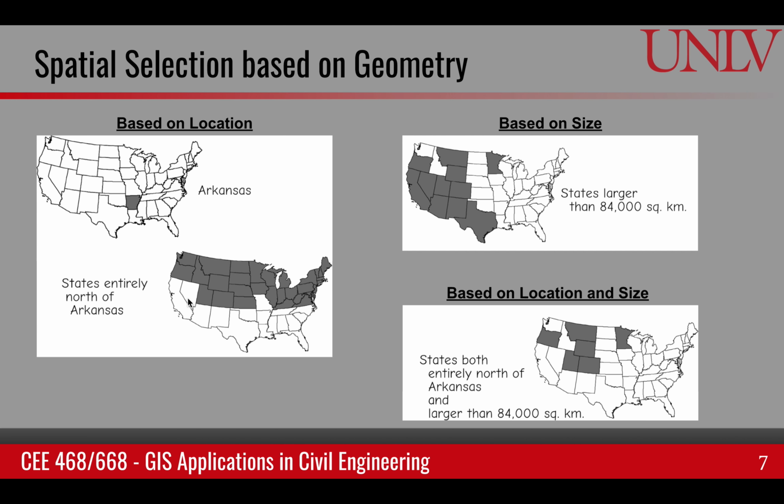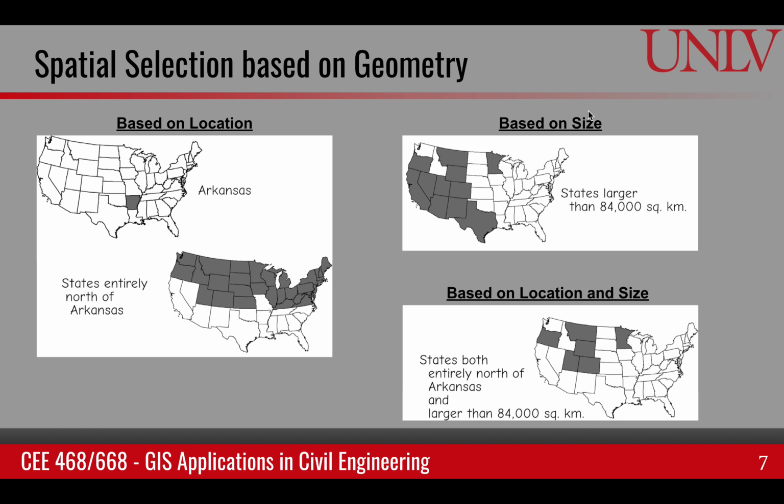We can see that Nevada and California have parts of the states that are not entirely north of Arkansas, so they are not selected. Similarly, this state doesn't have all of its area entirely north of Arkansas, so it's not selected. And all these states that are completely north of Arkansas have been selected. So this is based on location.